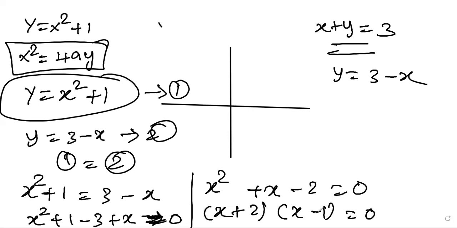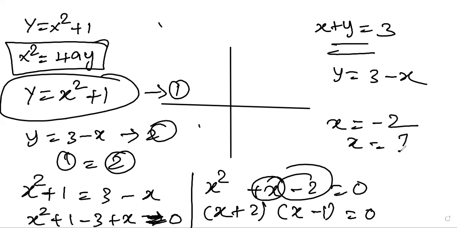Yes, ma'am. Times of minus 1 will give you minus 2, which is the product of the factors. And 2 minus 1 will give you the coefficient as 1, which is the sum of the factors, right? So you'll be getting x is equal to minus 2 and x is equal to plus 1. So that would be maybe here and over here, right?